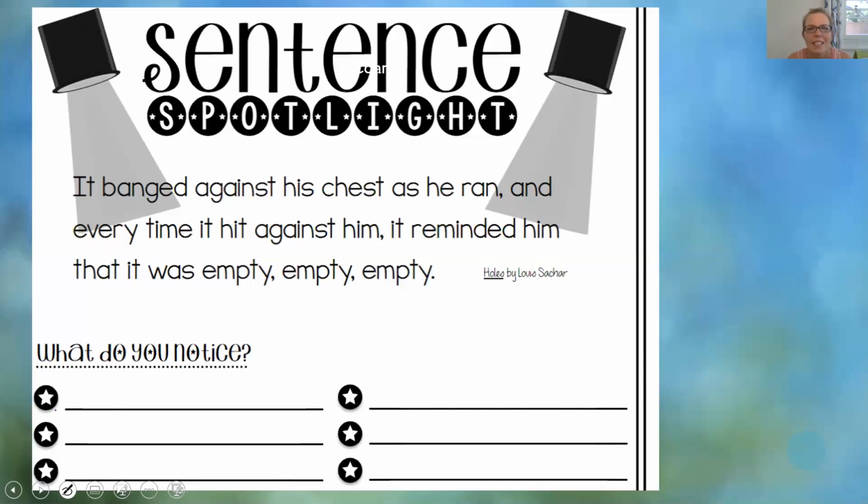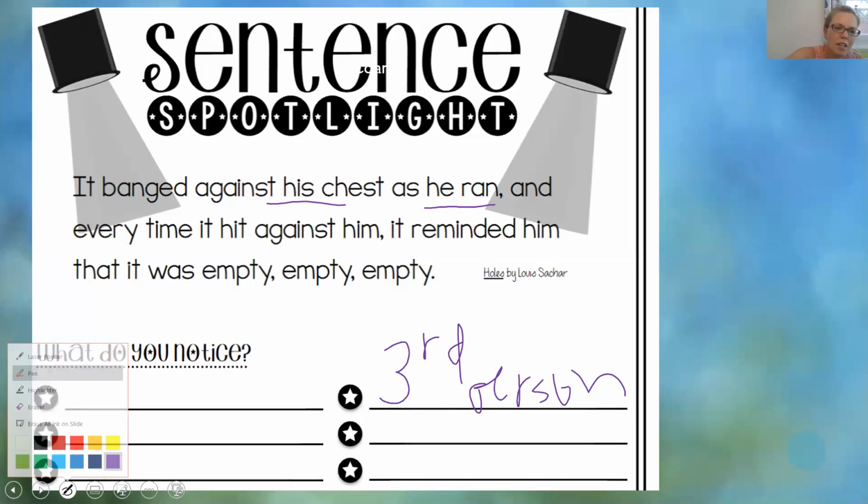It banged against his chest as he ran, and every time it hit against him, it reminded him that it was empty, empty, empty. So this is told in third person. We haven't had one of these sentences yet. And we know that because it's saying as he ran, it banged against his chest. So it's not the narrator telling the story.